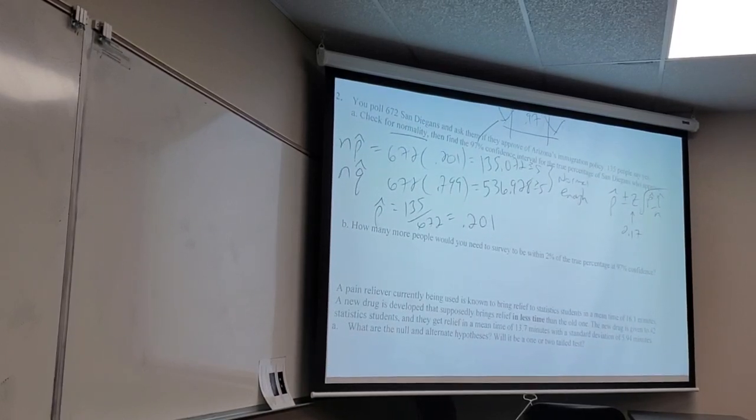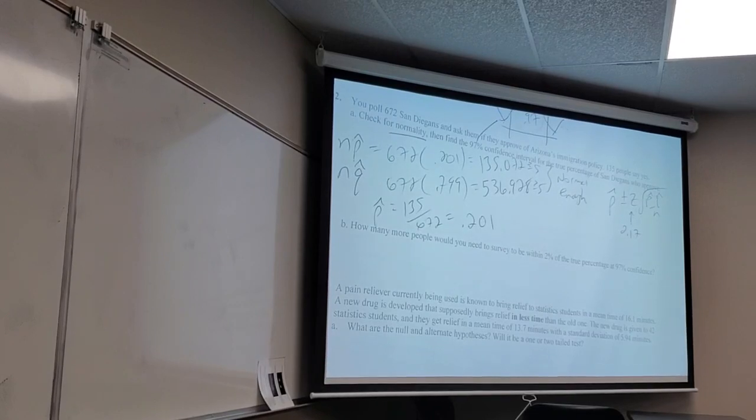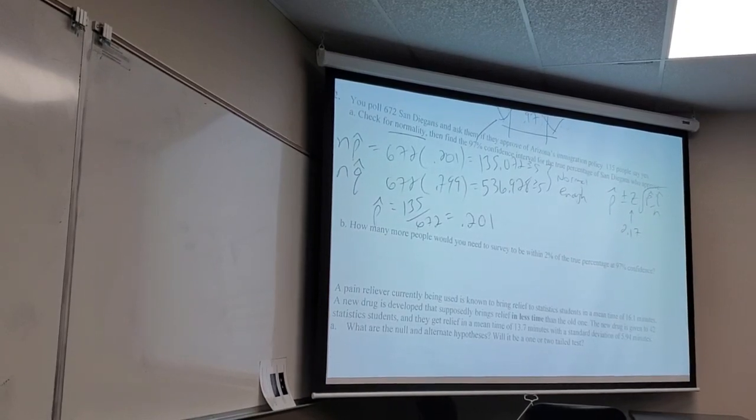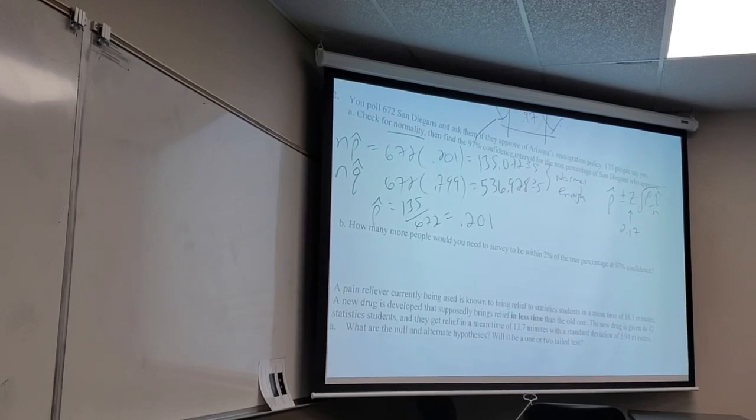Now, your p hat is 0.2009, right? And then the confidence interval is plus or minus 0.0335.